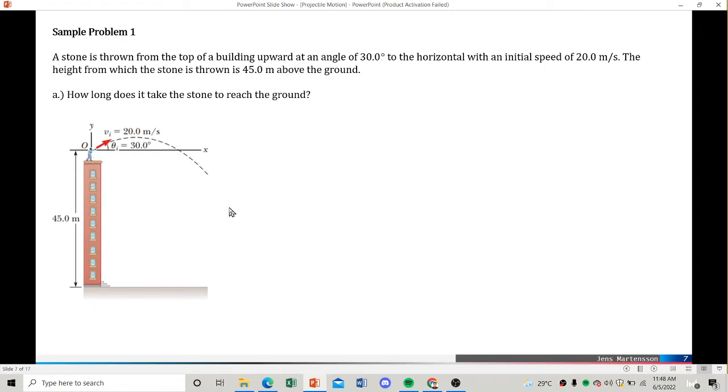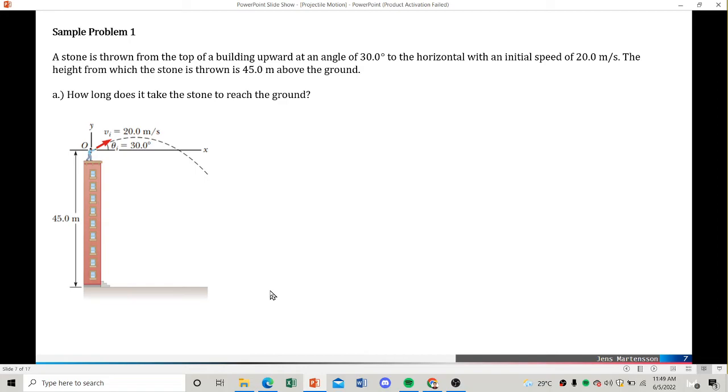So how will we calculate the time that this ball will reach the ground, at this point here?